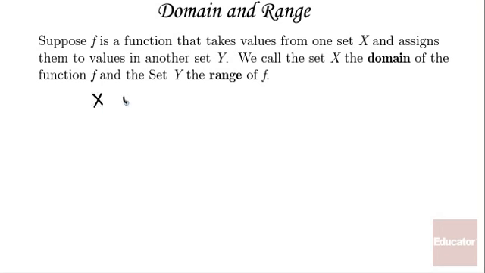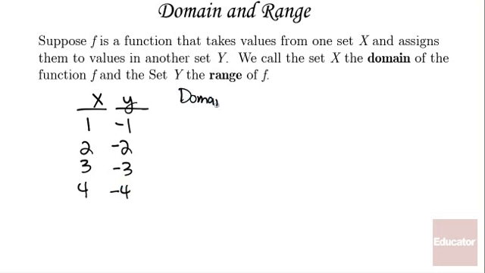For example, I could have a set of x values, 1, 2, 3, and 4, and a set of y values, -1, -2, -3, -4. And I could then say that my domain is 1, 2, 3, and 4.